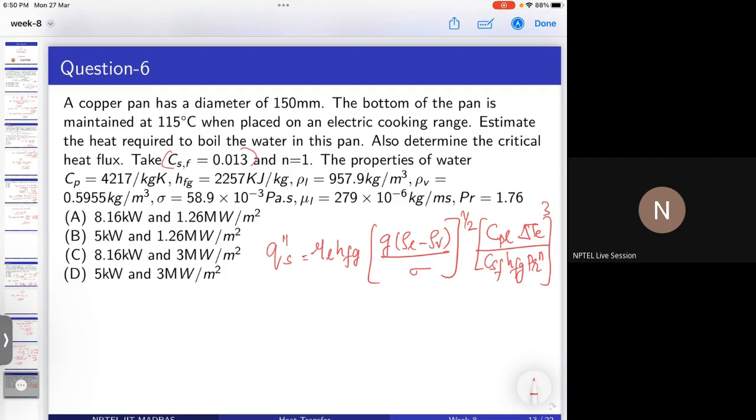So can you please find out this Q dot S? This is calculation intensive, but I will wait for some 2 minutes. Please try, because these kinds of questions can come in descriptive examinations. Calculation speed is also very important.